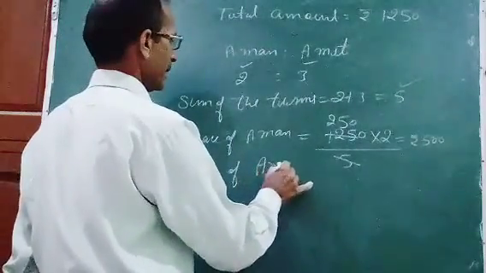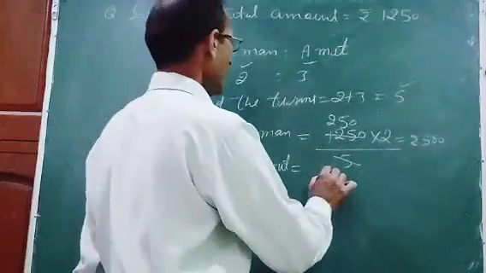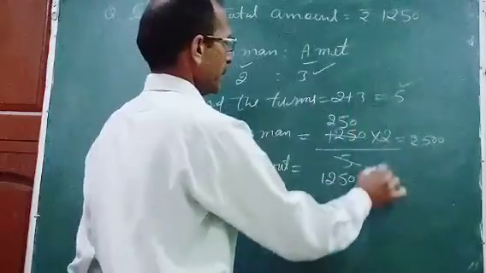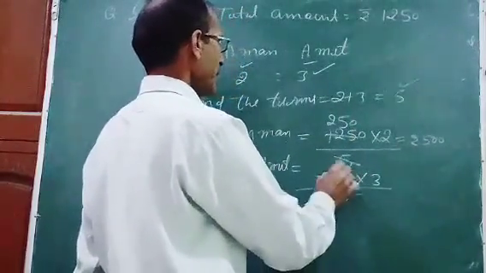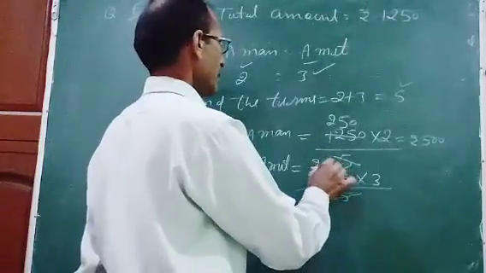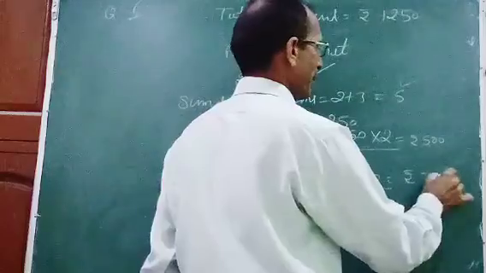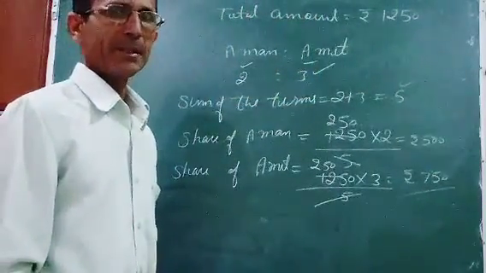Rupees 500. Now share of Amit. 1250 multiplied by 3, total sum is 5. So it will be rupees 750. Have you understood?